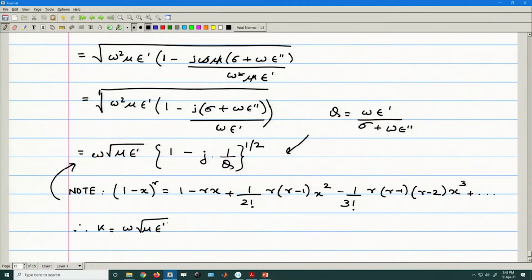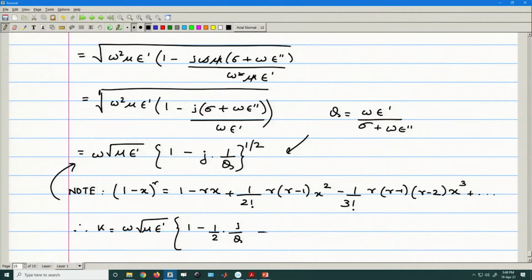k equals omega mu epsilon prime, and now we will expand this. So, we will get 1 minus r is half, so 1 minus half into x, and x is j by q.